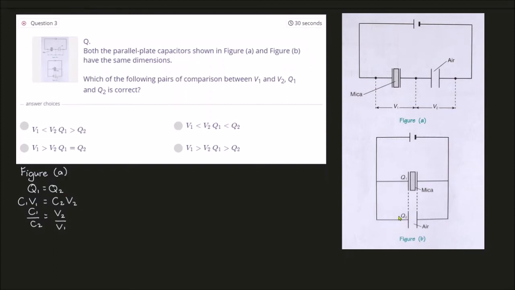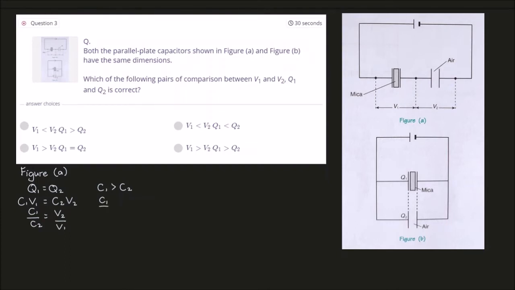The next thing that we know about this situation is C1 will definitely be greater than C2. Because these two are capacitors with the same dimension, if you insert a dielectric into capacitor 1, the capacitance of capacitor 1 will increase. Before that, they are the same. Now one of them is increased, so capacitor 1 will definitely have greater capacitance compared to capacitor 2.